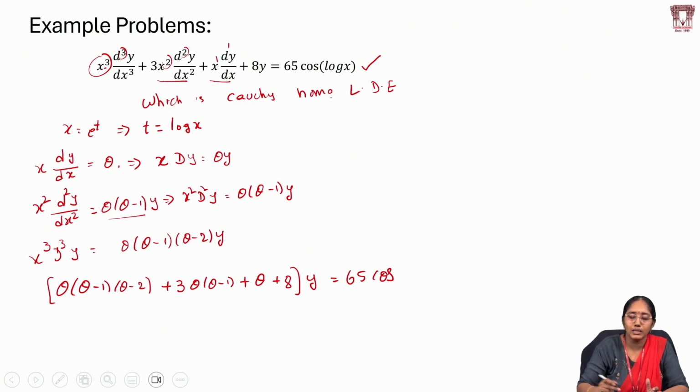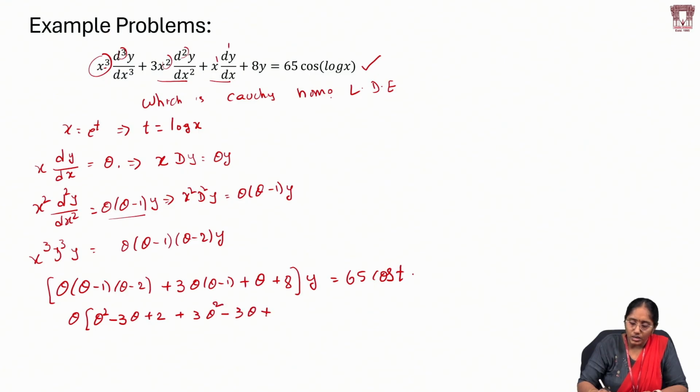Log x is replaced with t. Now simplifying this, we get theta into theta square minus 3 theta plus 2, plus 3 theta square minus 3 theta, plus 8, whole into y is equal to 65 cos t.